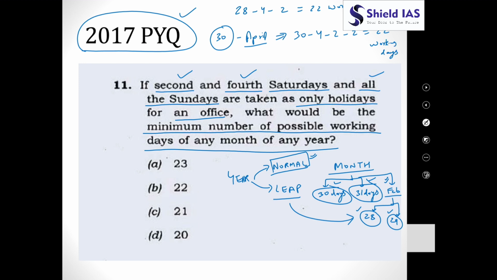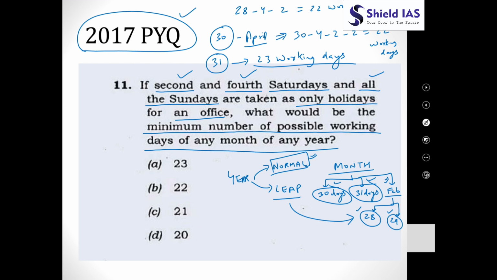In the case of April. We can directly say, if you increase this number to 31 days, let's say in the month of January, you will be getting at least 23 working days, if we follow all the requirements of the question.